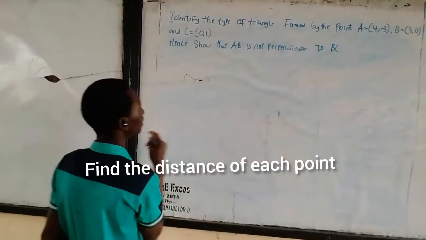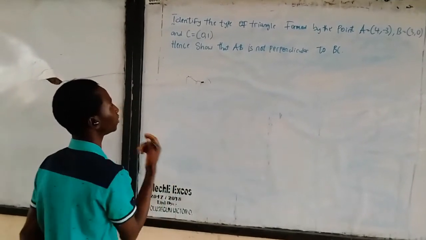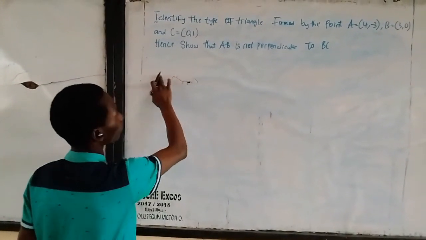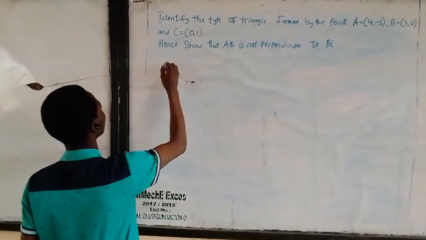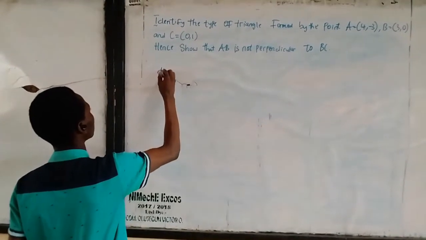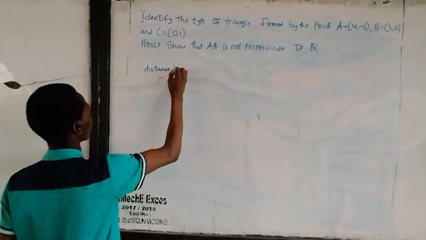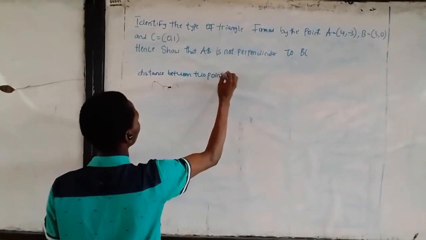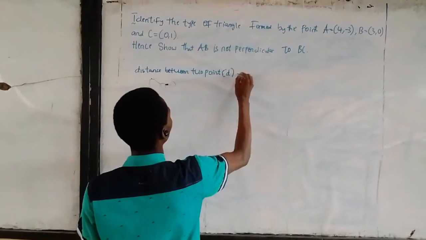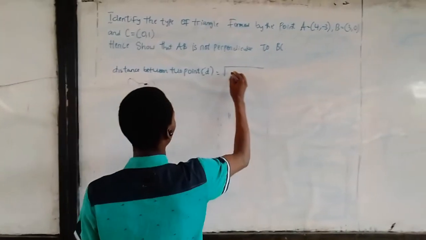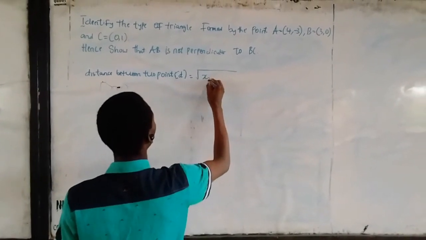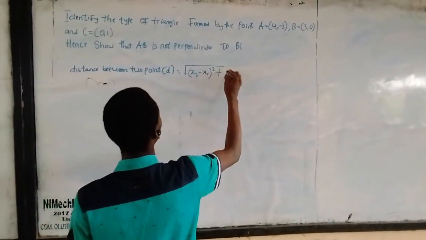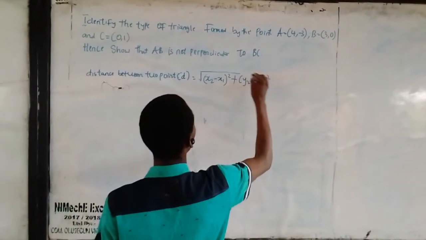From our formula for the distance between two points in coordinate geometry, the distance between two points is equal to the square root of (x2 minus x1) squared plus (y2 minus y1) squared.